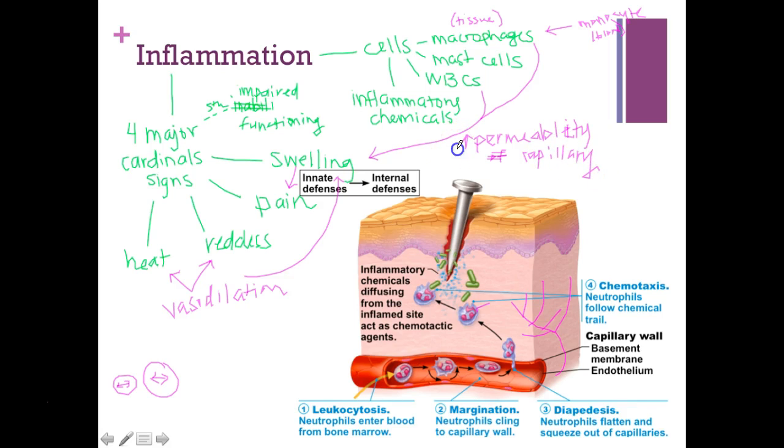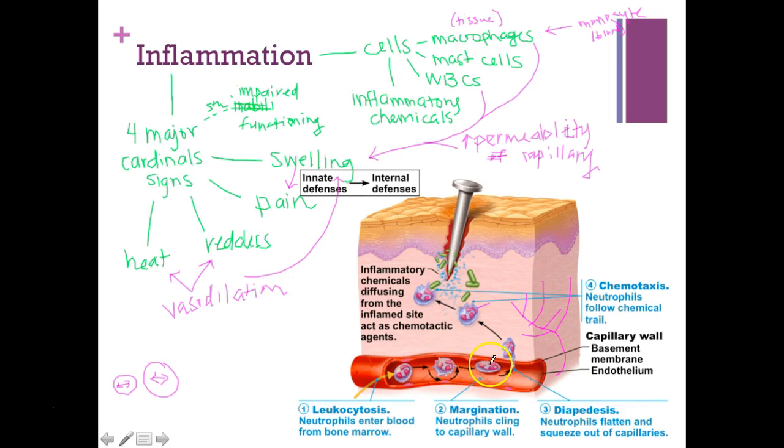Okay, so that is going to add to the swelling, adds to the pain, which eventually is going to help us with the redness and heat too, because we get more blood flow in this area. So it's all really a cascade effect. The increased permeability of our capillary allows these white blood cells, so this one is a neutrophil, moving through the blood, to squeeze through the endothelial tissue.